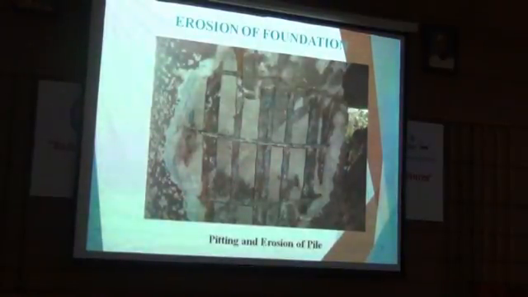Because of the increased velocity, the hard sand particles strike like bullets on the concrete surface. And that's why there was initially abrasion, followed by cavitation and erosion and other faults. This was the state of the pile in 2013 when we inspected it. The reinforcements were also eroded and thinned down. The diameter was reduced drastically.